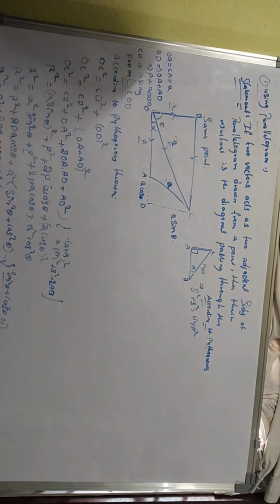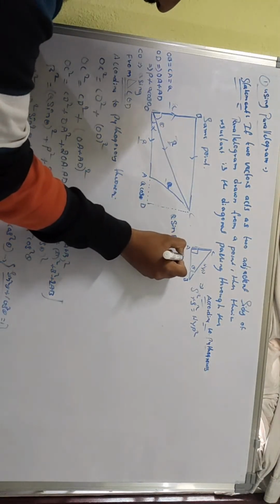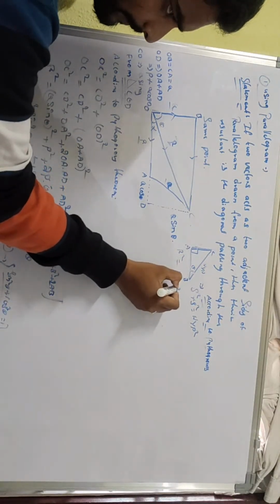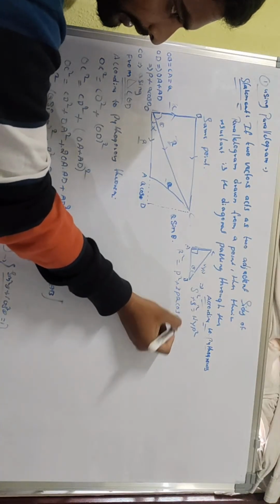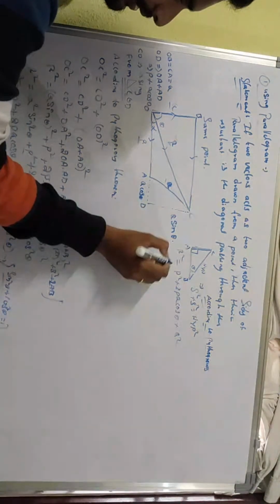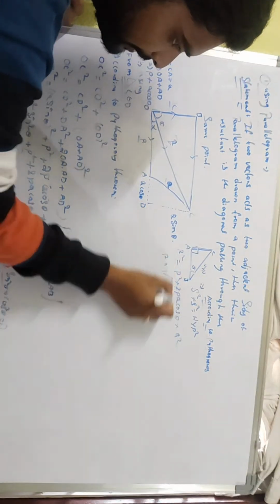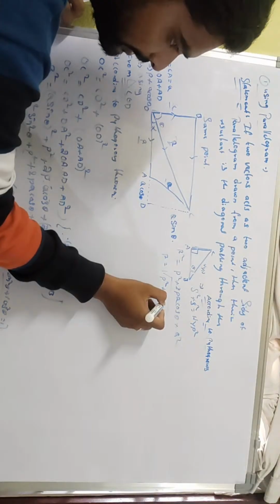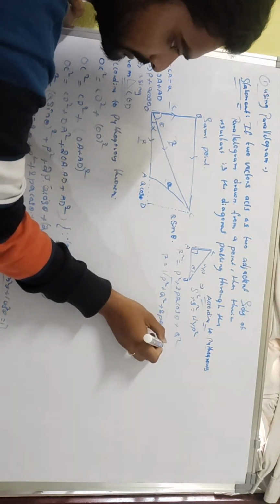This is the value we get. R square is equal to P square plus 2PQ cos theta plus Q square. Now the square goes to the right side of the equation. We get R equals root of P square plus Q square plus 2PQ cos theta.